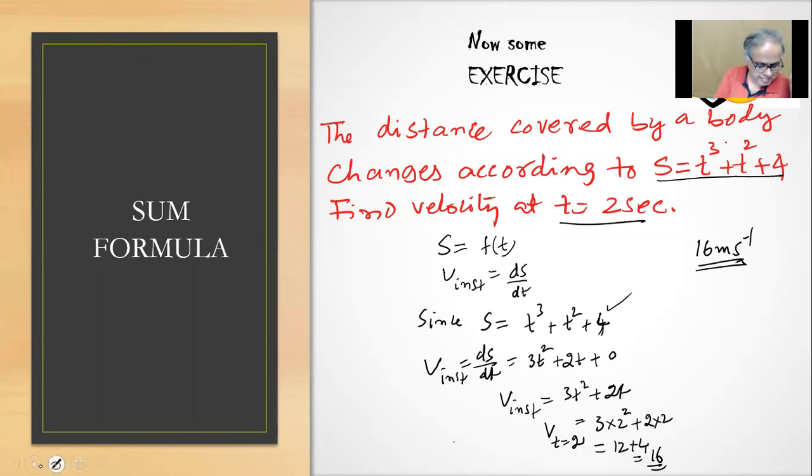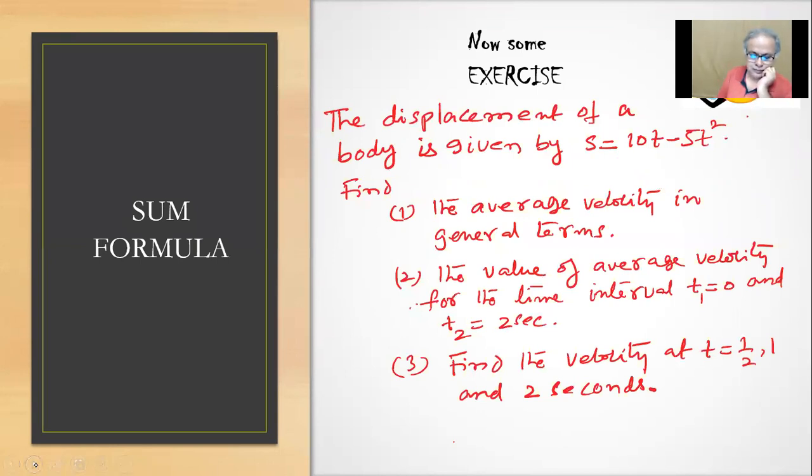Now, a little lengthy question I've given. Vishnu, read the question. The displacement of the body is given by S is equal to 10t minus 5t squared. Find the average velocity in general terms.